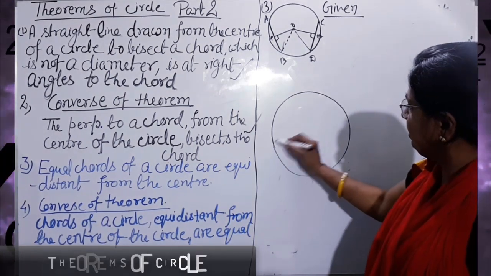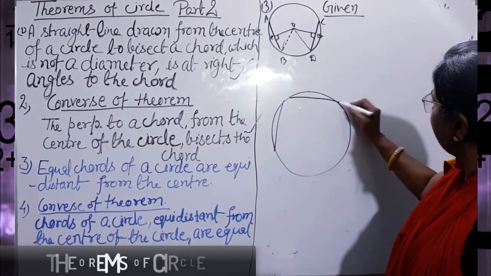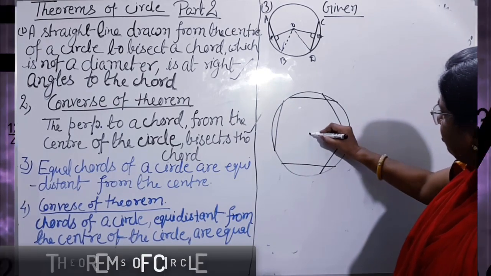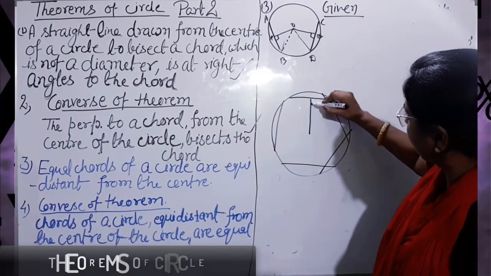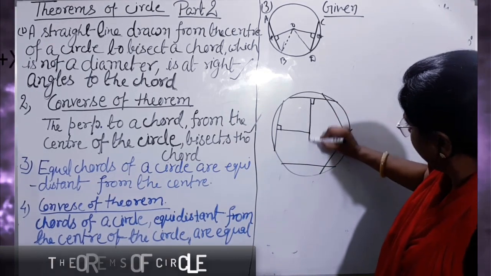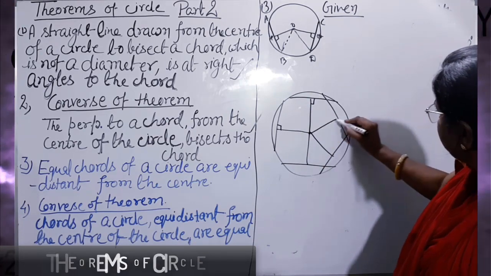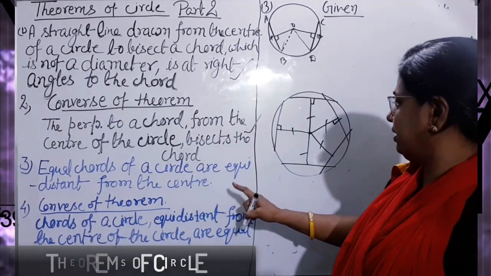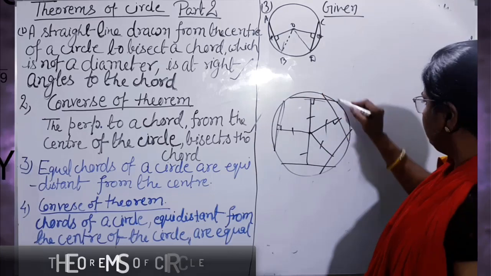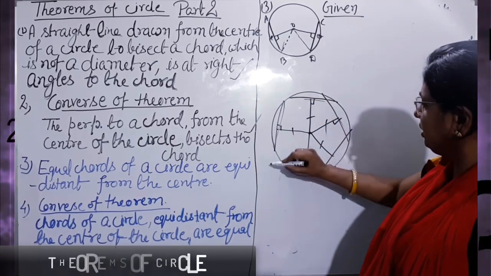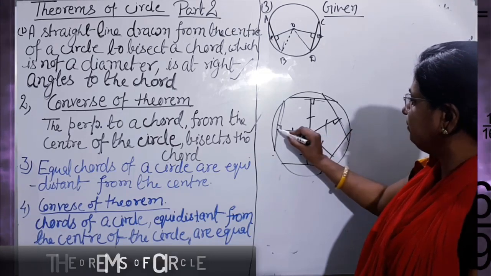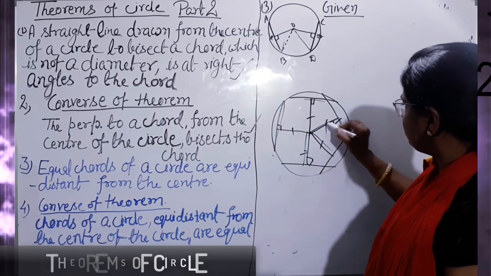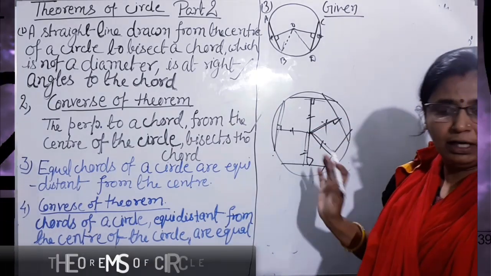Suppose one circle is given and there are many chords, all equal to each other; then all have the same perpendicular distance. That we have to prove.